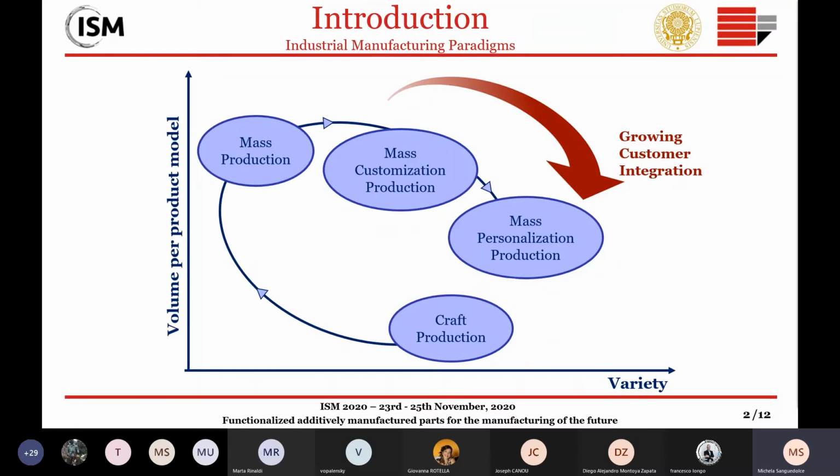The first one was characterized by a low level of customization, but low costs and high productivity, while the second one took into account an improvement in terms of variety of products, but still not involving the customer in the production process, as the number of designs was still limited.